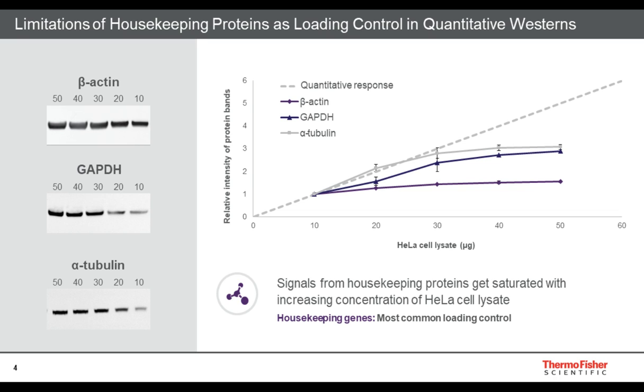GAPDH and alpha-tubulin fare a little better at 10 and 20 microgram loads, but there is significant signal saturation between 30 and 50 microgram loads, resulting in almost a flat line at higher concentrations. In summary, signals from housekeeping proteins get saturated with increasing concentration of HeLa cell lysate, resulting in erroneous quantitative results.